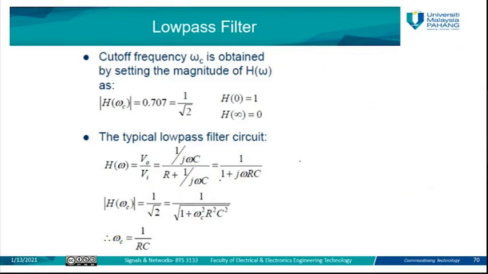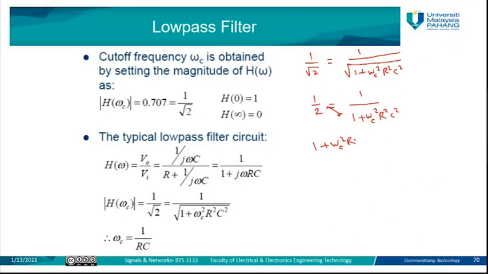So what you need: 1 over square root of 2 is equal to 1 over square root of 1 plus omega C squared R squared C squared. If you square both sides, you have 1 over 2 equal to 1 over 1 plus omega C squared R squared C squared. Then cross multiplying, 1 plus omega C squared R squared C squared is equal to 2.